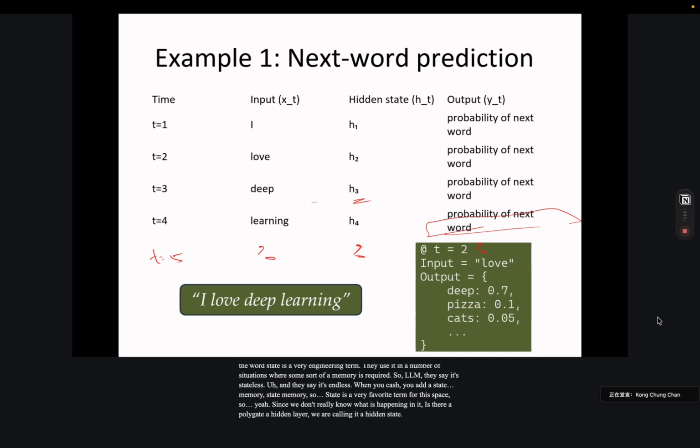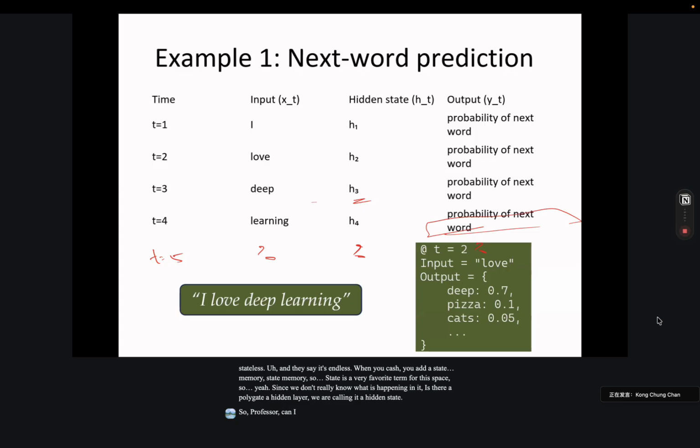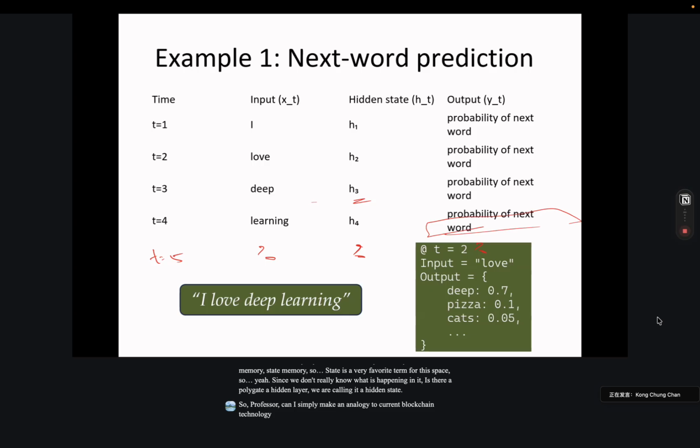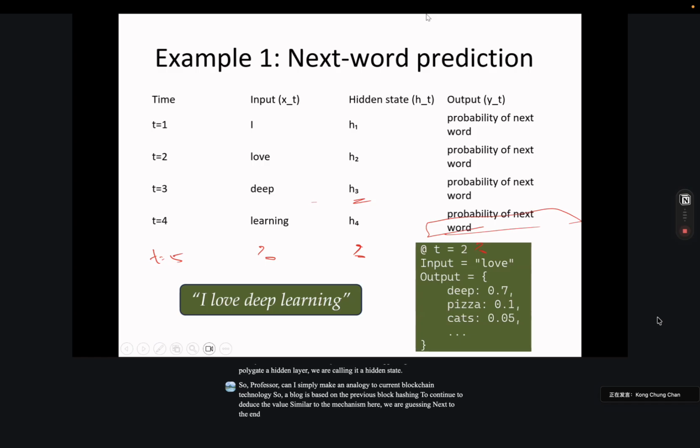So, Professor, can I simply make an analogy to current blockchain technology? A block is based on the previous block hashing to continue to deduce a value. Similar to the mechanism here, we are guessing the words next to the other based on the history.